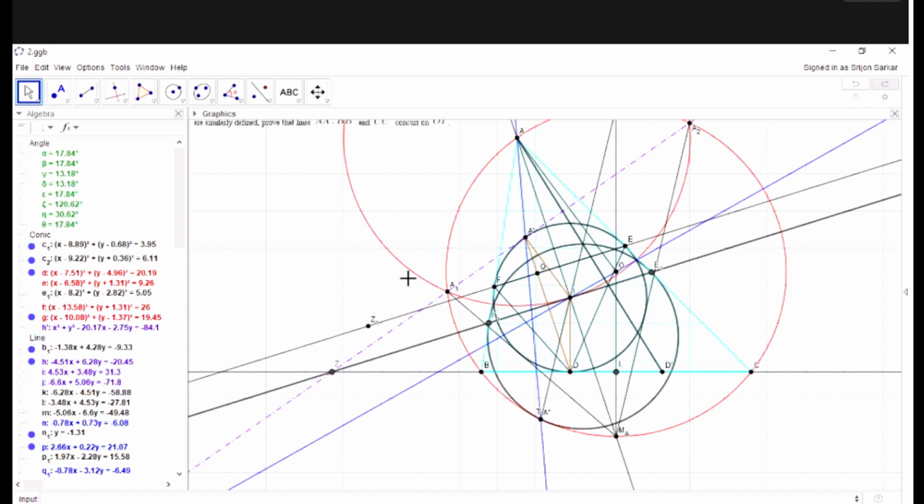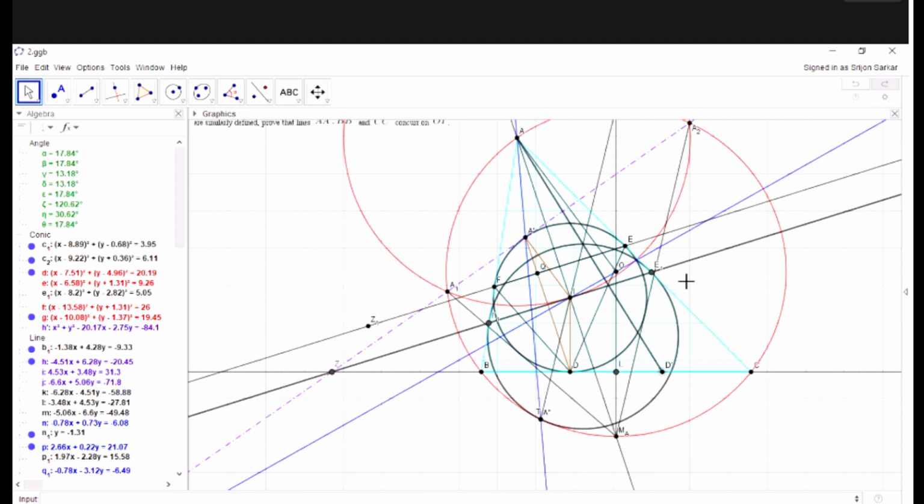Clear? I will get the same for all the vertices B and C. So now these are known as the Nagel lines. This is A with the A-extouch point. Similarly for B and C we will get. So all these concur at the, yes.